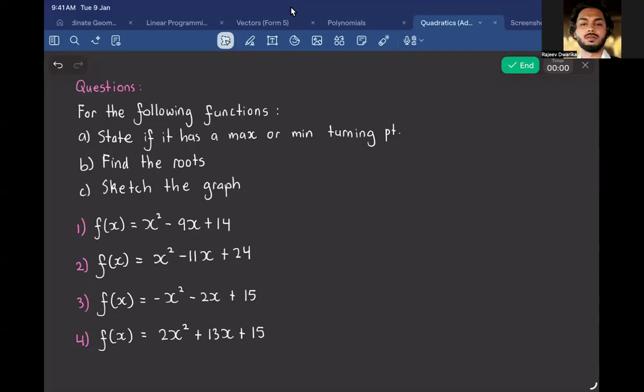Okay, the first root you found was wrong. Because if I have 2x plus 3 equal to 0, and you move across the 3, that'd be minus 3.